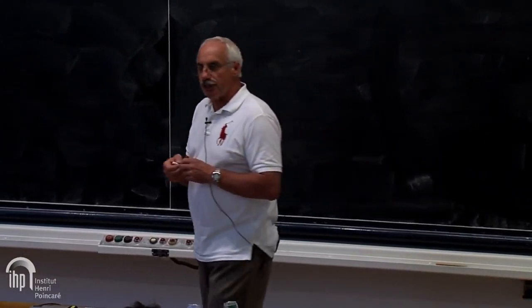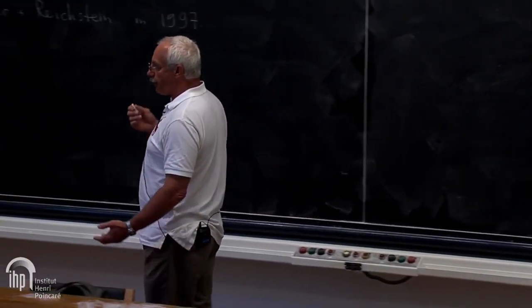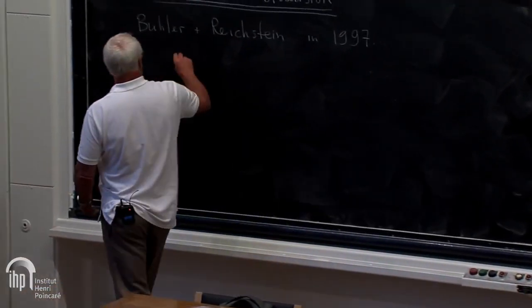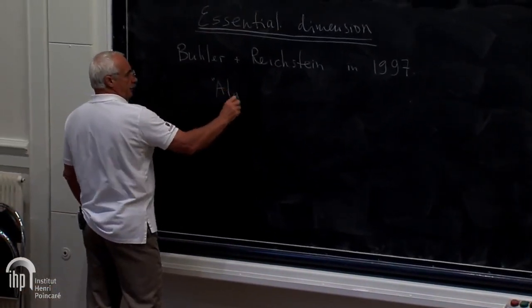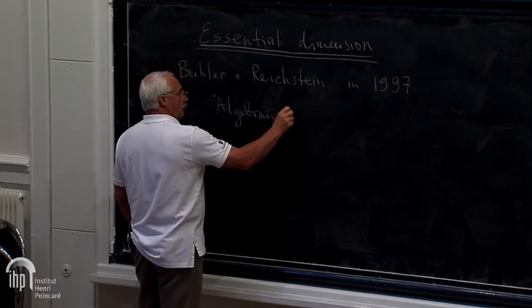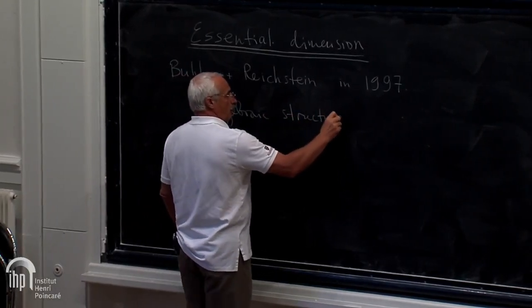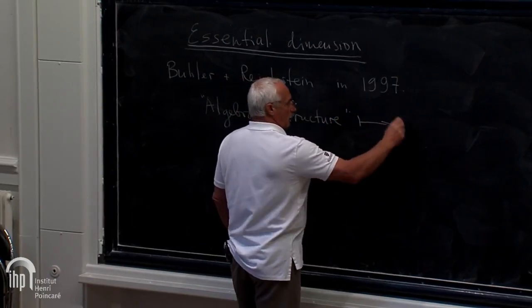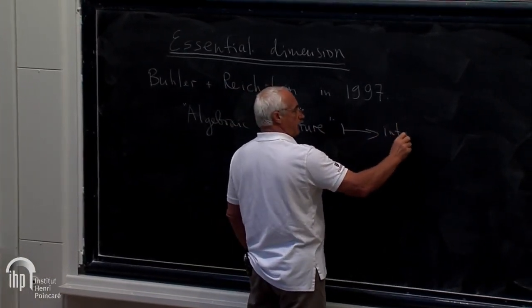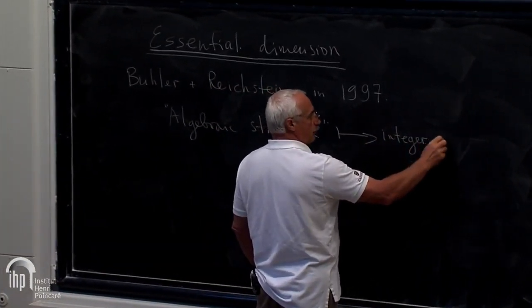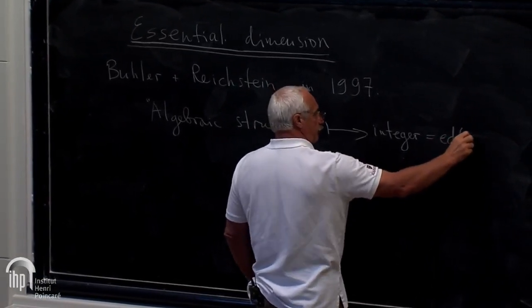So essentially what's happening is that for an algebraic structure, whatever that means, we assign a non-negative integer, which is called the essential dimension of the structure.